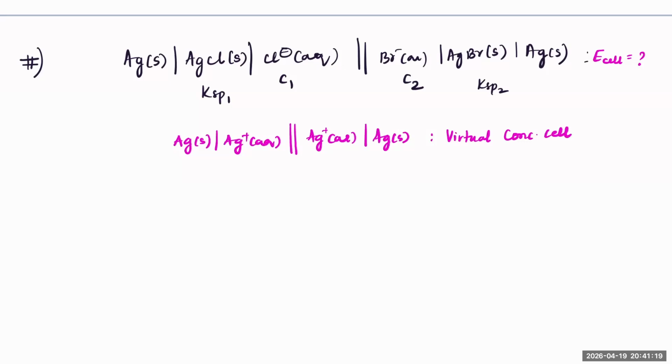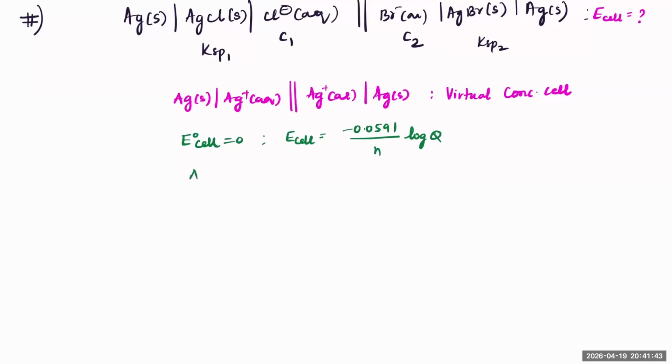So that becomes very easy to solve. How do we solve it then? For this virtual cell, we know that E naught cell will be equal to 0, which means E cell will be equal to minus 0.0591 by N log of Q here. So what is the Q value here? Because silver is getting converted into Ag plus, this is at anode concentration, while Ag plus is getting reduced to Ag, this is at cathode concentration.